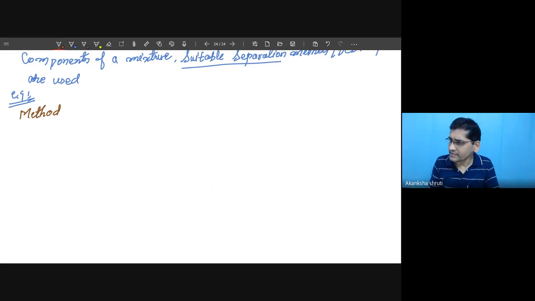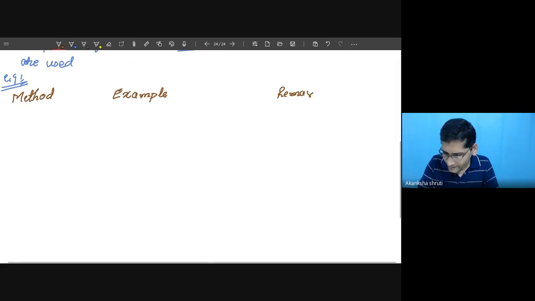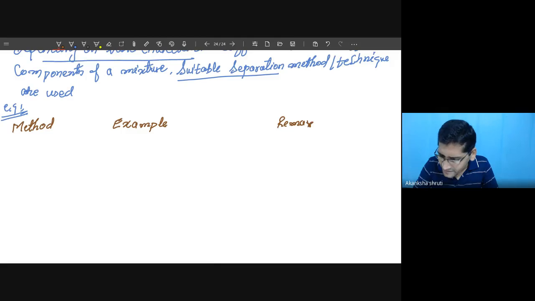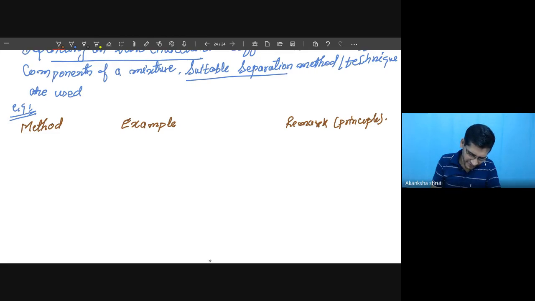What is the method for separation? Next, we will write its example, and another column, remark, in which I will write the principle on which it is based.